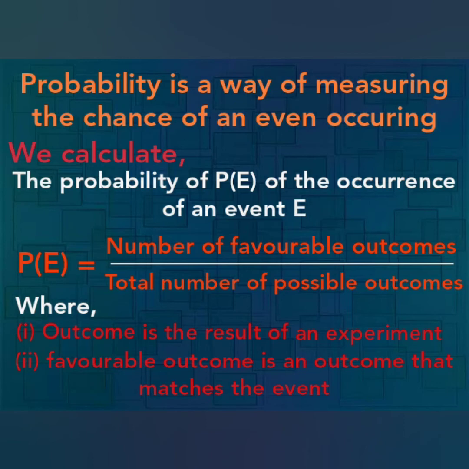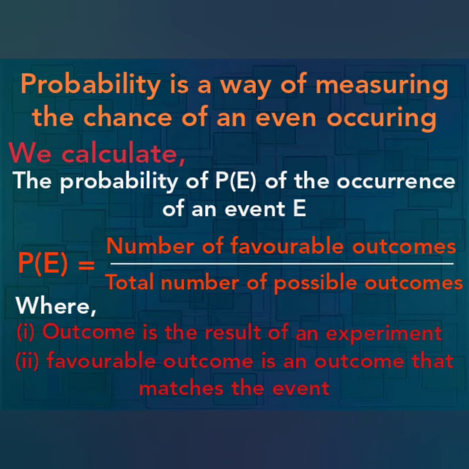We calculate the probability P of E of the occurrence of an event E. P of E is equal to number of favorable outcomes divided by total number of possible outcomes, where outcome is a result of an experiment.